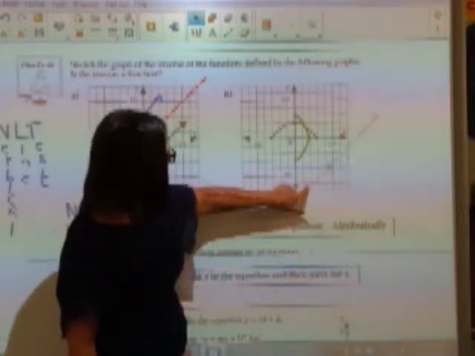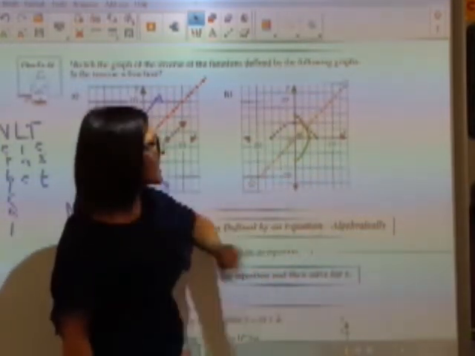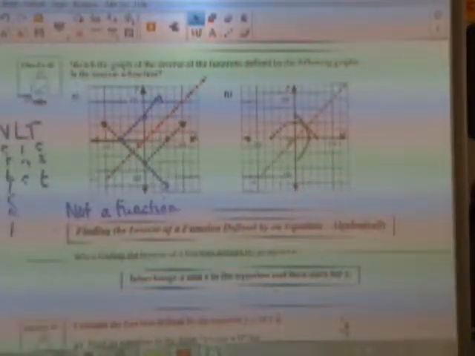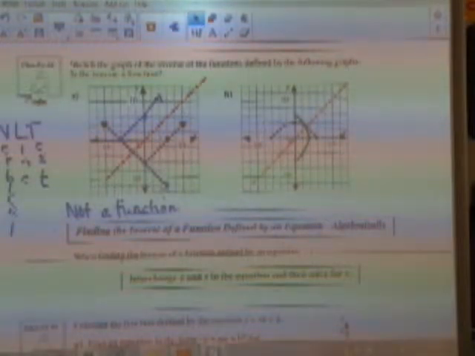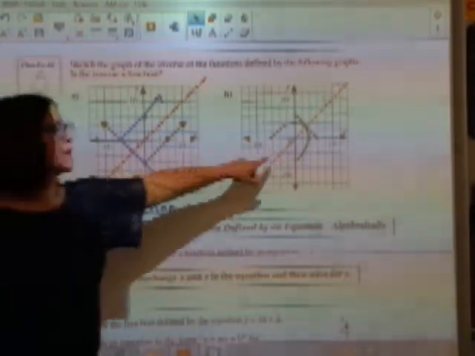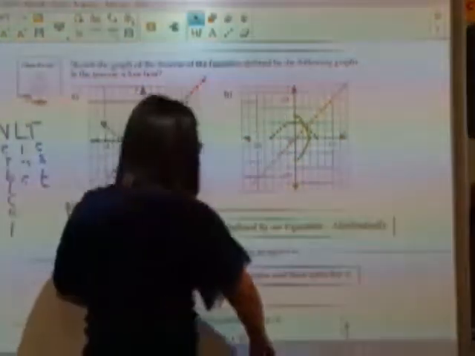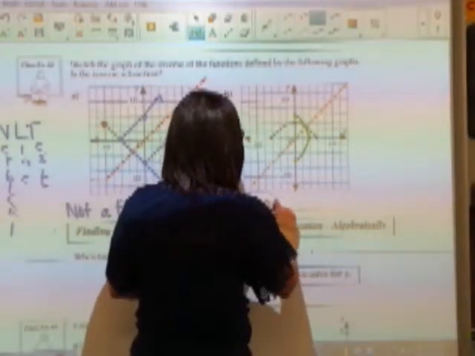Whereas without it, it could be a little bit more misleading. But now I can see that reflection. So that's how I can draw the inverse graphically. Algebraically, is this a function? No, because it failed the vertical line test.